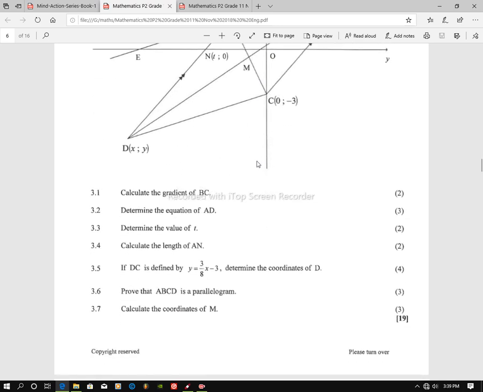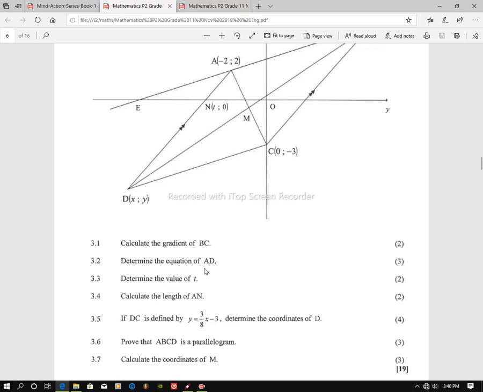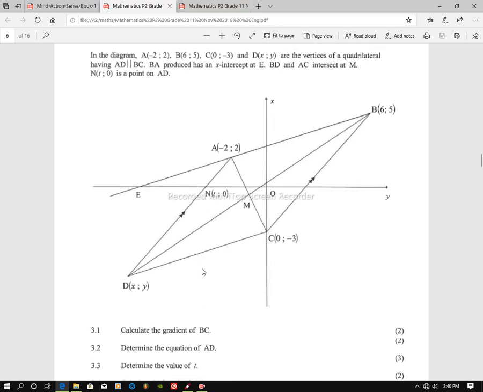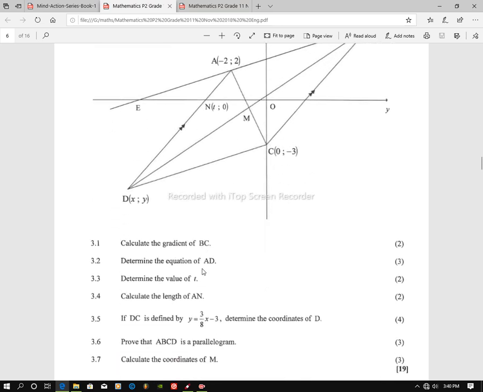Like I told you, you must study the properties of the quadrilaterals, the properties of the triangles, the properties of a kite. There are a lot of quadrilaterals that we have there. So how can we prove that this is a parallelogram?